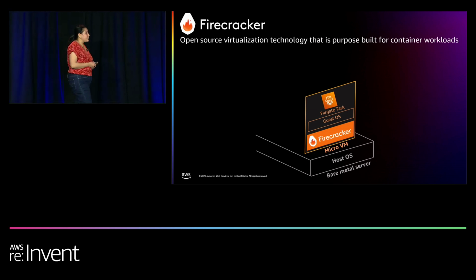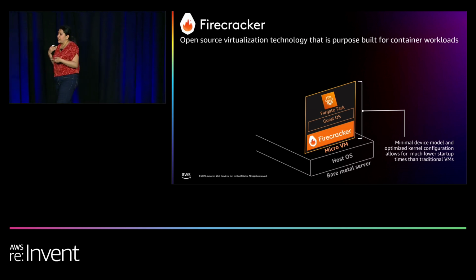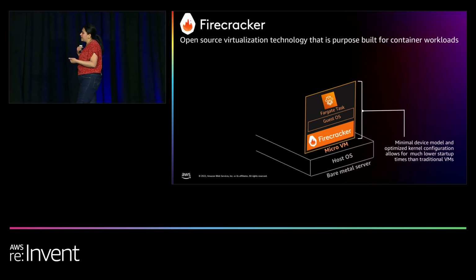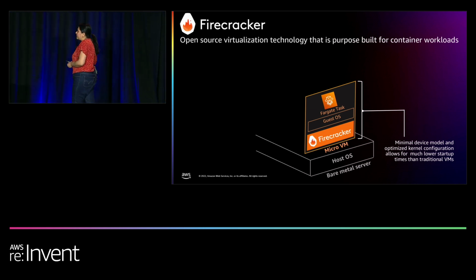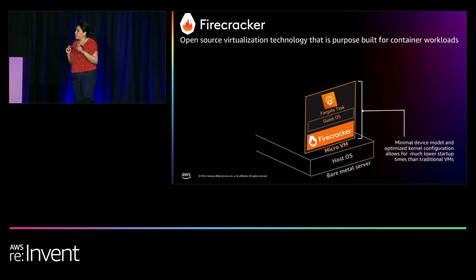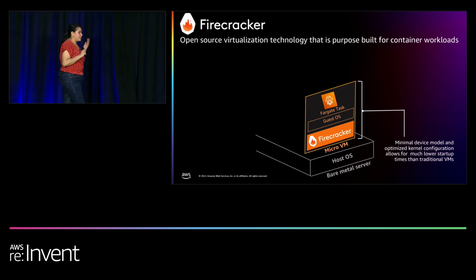Now, these are special. They're not traditional VMs. They're different from traditional VMs. That's why they're called micro VMs. Because what we've done is we've basically ripped out some of the devices and things from a traditional VM in order to optimize for the startup time. These are things that add latency to VM bootstrap.